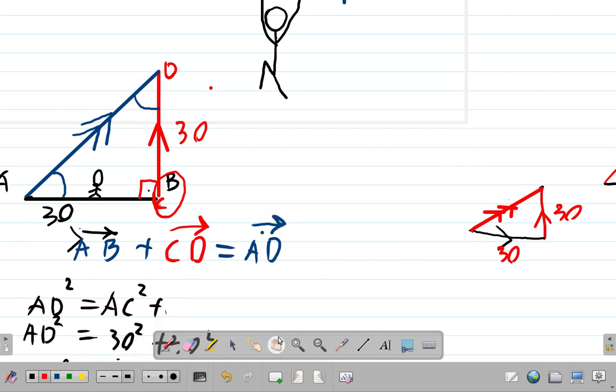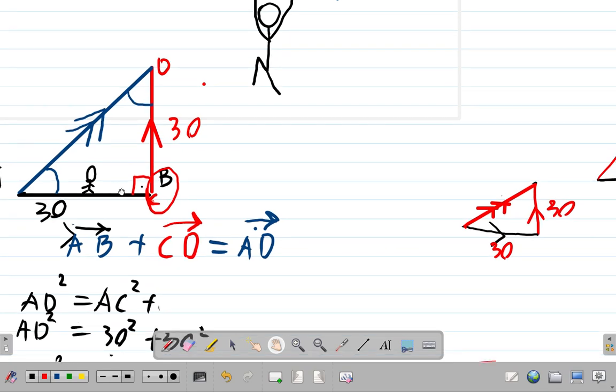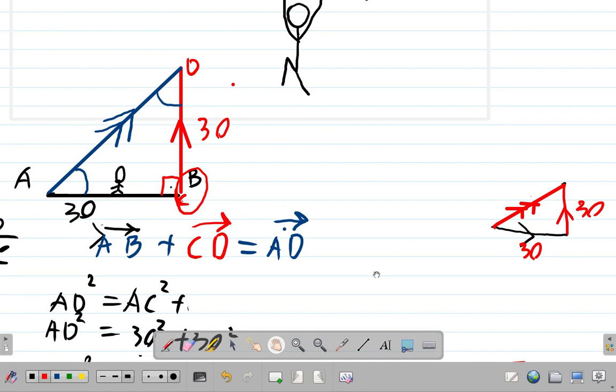It's a smaller diagram, but it's saying the same thing. You notice you have a 30, AB, AC is 30, this will be AC, we'll drop the B, and CD would be another 30, so the calculations would be the same as this one.